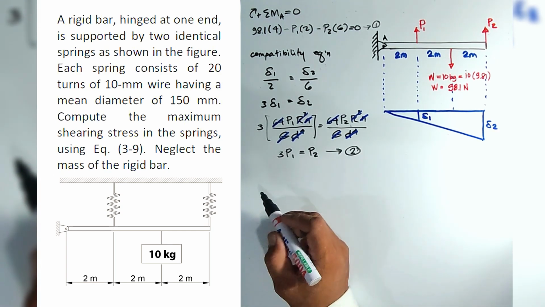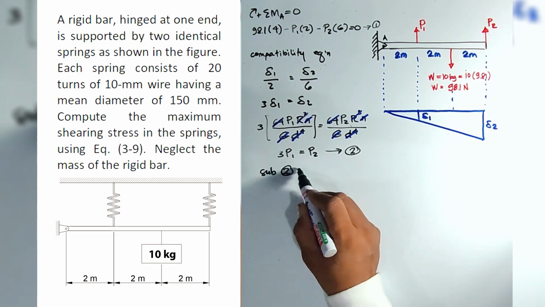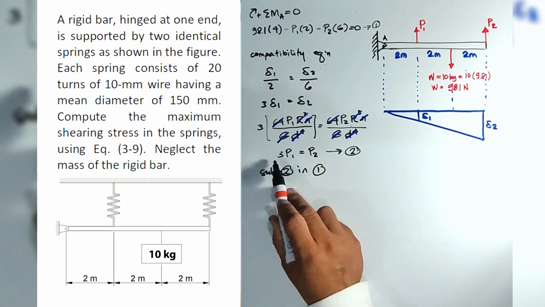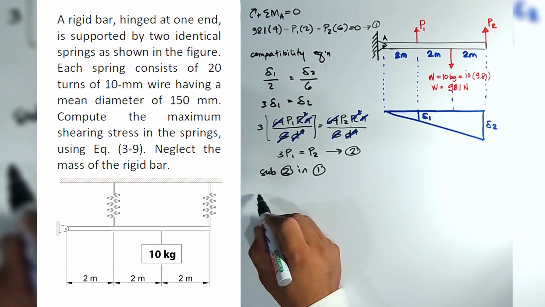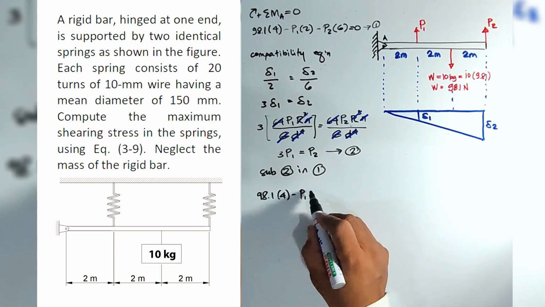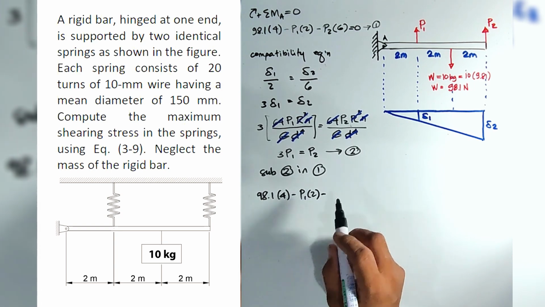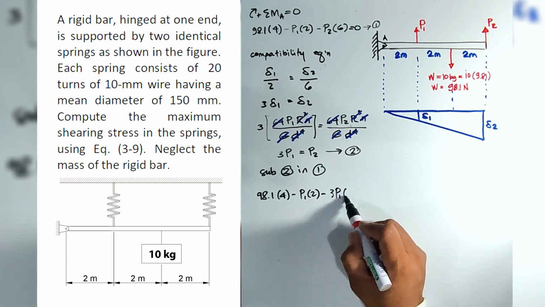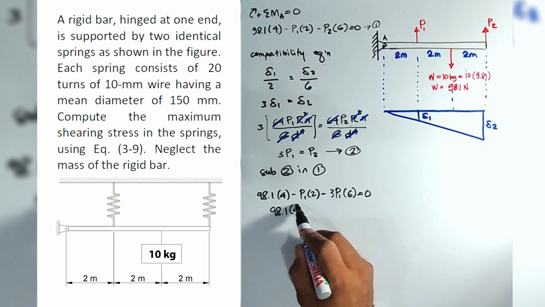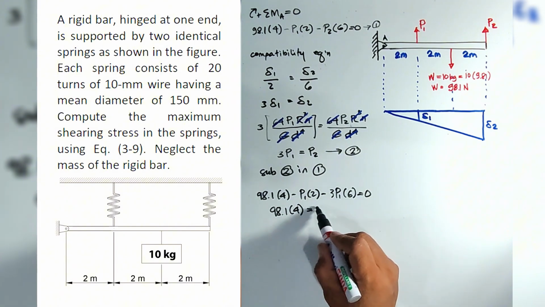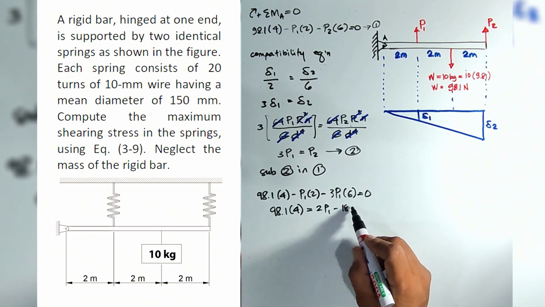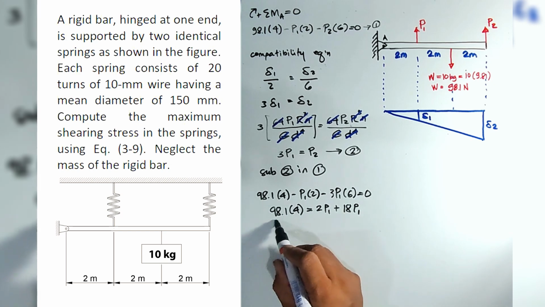So what we do now is we substitute equation 2 in equation 1. We'll substitute the value of P2 equals 3P1. So equation 1 becomes 98.1 times 4 minus P1 times 2 minus P2, which is now 3P1 times 6 equals 0. 98.1 times 4, we'll move this to the right and it will become positive 2P1 plus 18P1.